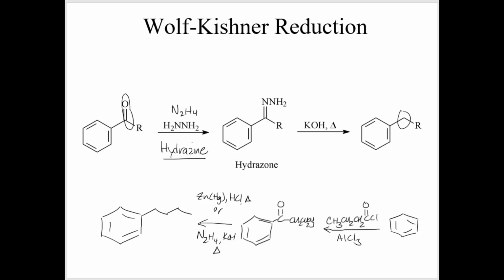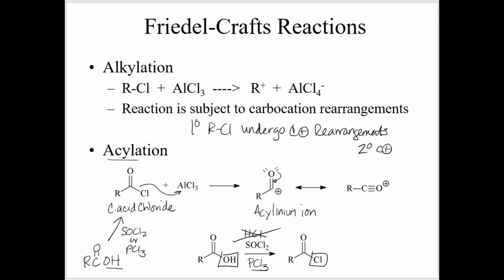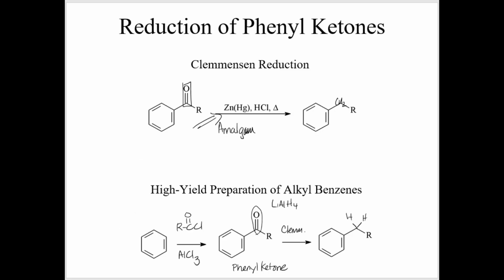So the idea of talking about Wolff-Kishner and Clemmensen reduction is because it goes together perfectly with the Friedel-Crafts acylation as a way to make straight-chained alkyl benzenes by using the scheme here of using Friedel-Crafts acylation followed by either Clemmensen or now Wolff-Kishner reduction.